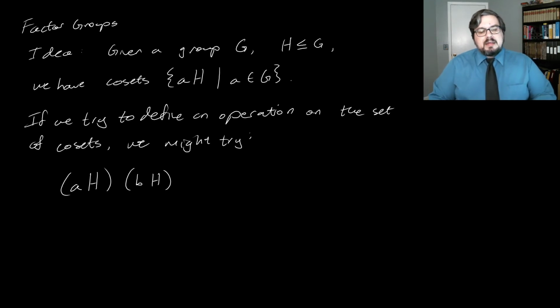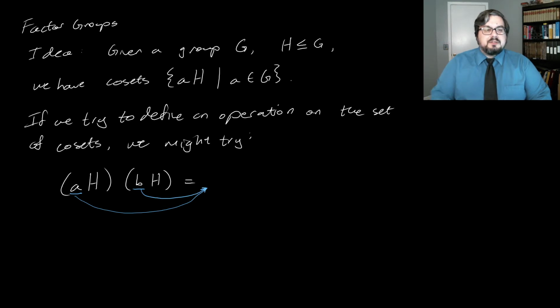And so if we want to take two cosets and define some sort of operation on them, well, the only thing that we're going to be able to use is the operation on G. And of course, the operation on G doesn't apply to subsets of G, but to elements of it. So the operation on G tells us that we can do things with A and B, because A and B are elements of G. So we know that using the operation on G, we could get the element AB.